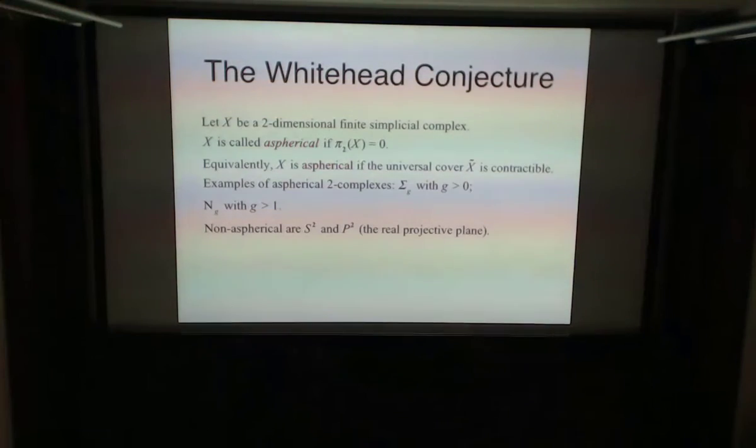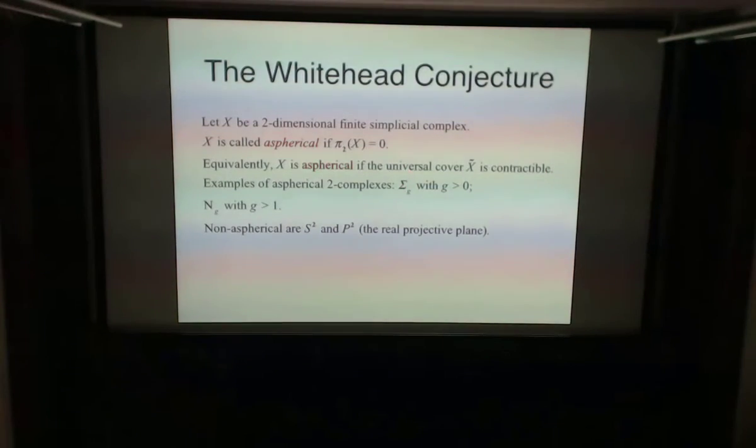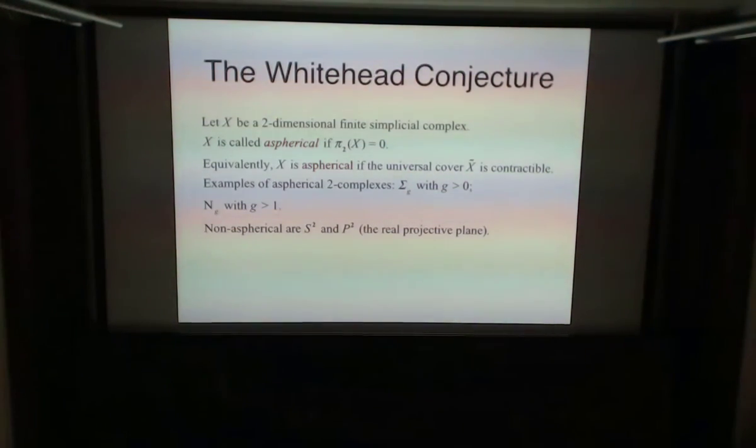If you look at surfaces, every orientable surface of genus other than 0 is aspherical; the sphere is not aspherical, but all other orientable surfaces are. And non-orientable surfaces also are all aspherical except the real projective plane.